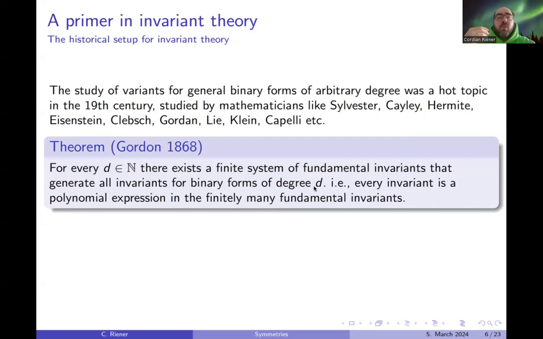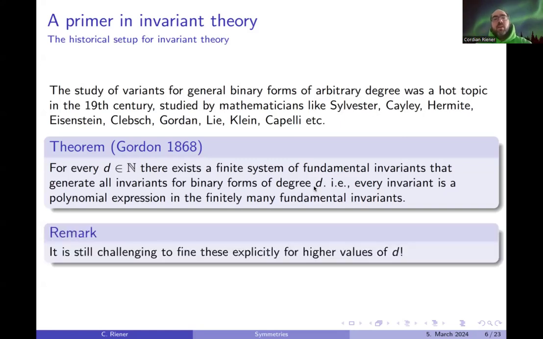So for every D, we have finitely many fundamental invariants, with the property that every other invariant for binary forms of degree D can be expressed as a polynomial expression in those finitely many invariants. This was a big theorem in the second half of the 19th century. And even though we know that these exist, it's actually quite challenging to get them for an explicit value of D.